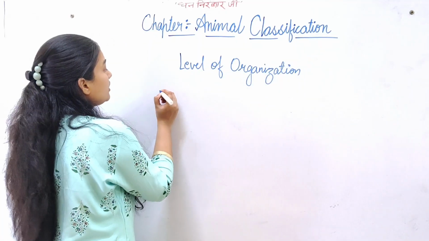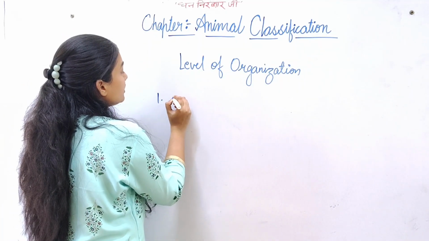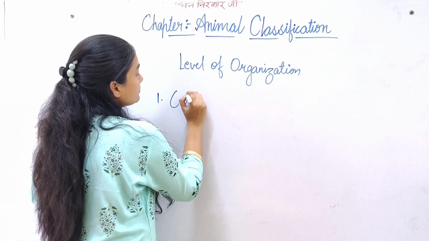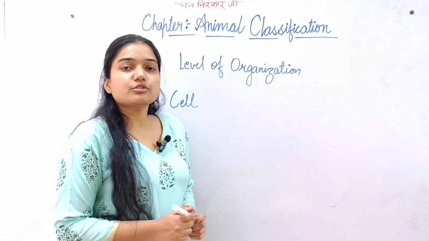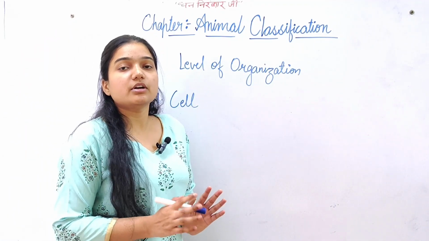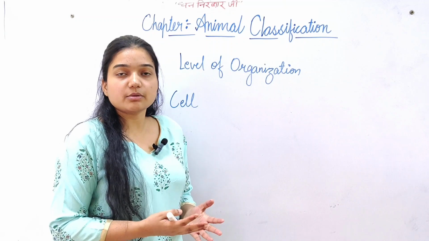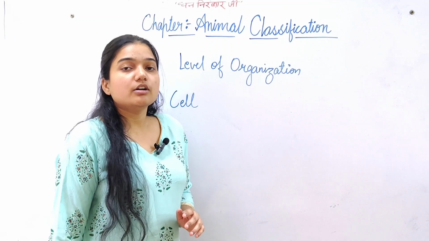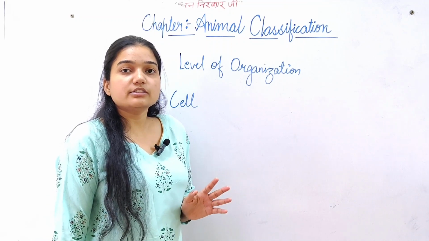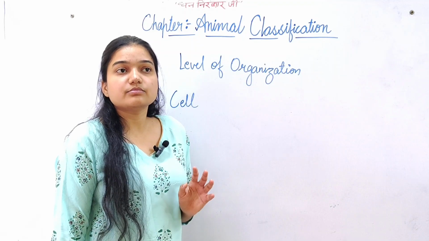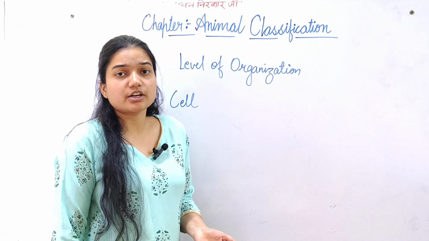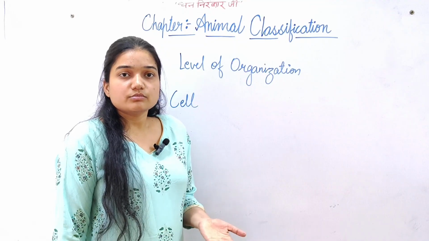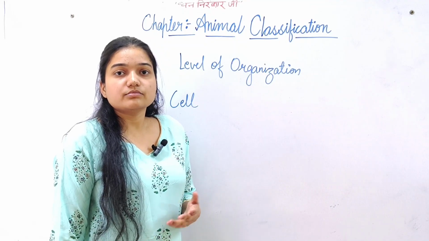So here we go. The first one is cell. In the animal kingdom, most of the animals, not all, but most, are multicellular. Here we learn how the cells aggregate, which animals have tissue level organization and which have organ body organization.